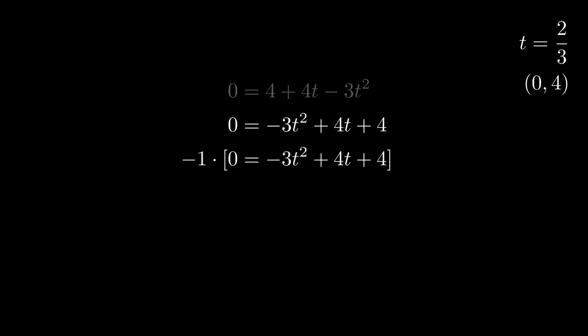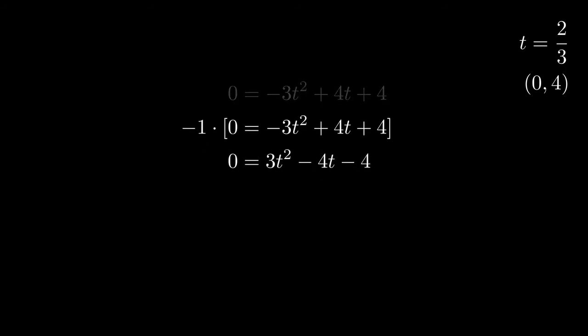I'd rather have that positive. I'm allowed to multiply both sides by anything I want. -1 does the job of switching all the signs, like a switch. All right, so all those are switched. Now we're in a non-calculator paper, right? Should expect this to be factorizable.